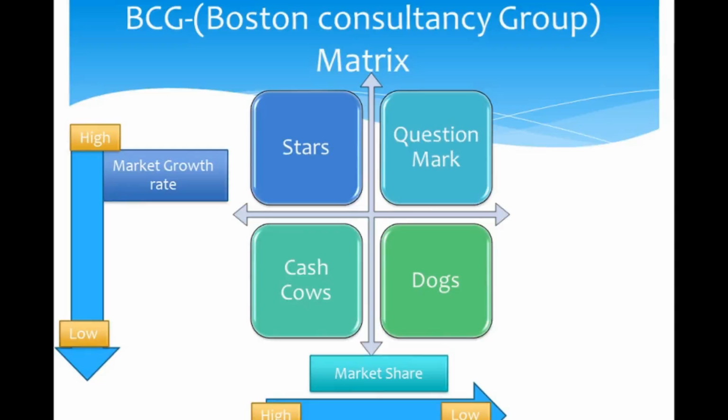So basically, under the stalker path, whatever cash is generated from the cash cows, you are taking it out of the cash cow quadrant and investing it in a product which already exists in the market. There is an existing market leader in that market. You are just stalking their product.